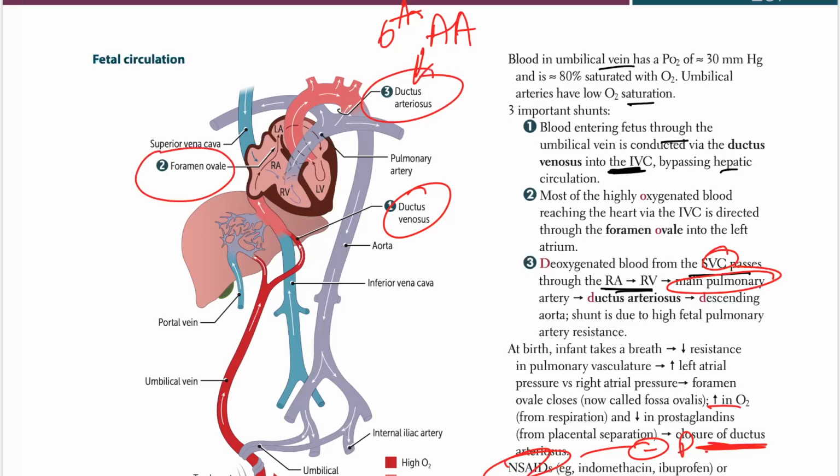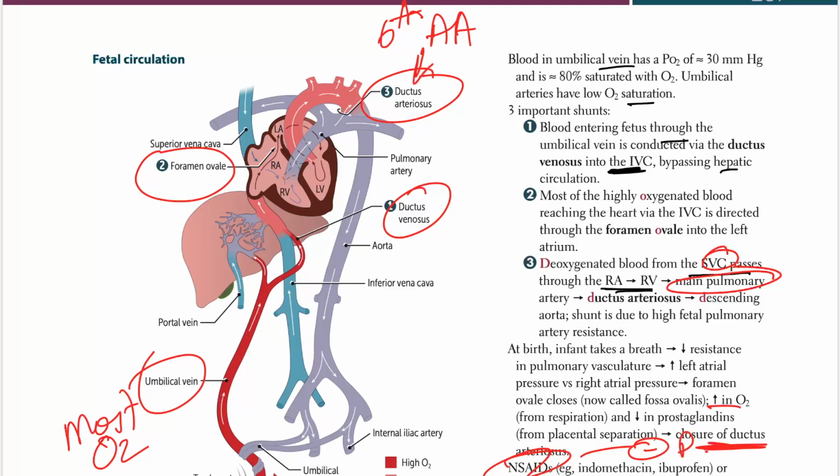Where's the most oxygenated blood here? The most oxygenated blood is going to be in your umbilical vein. The umbilical vein has the most oxygenation because it's coming straight off the placenta.